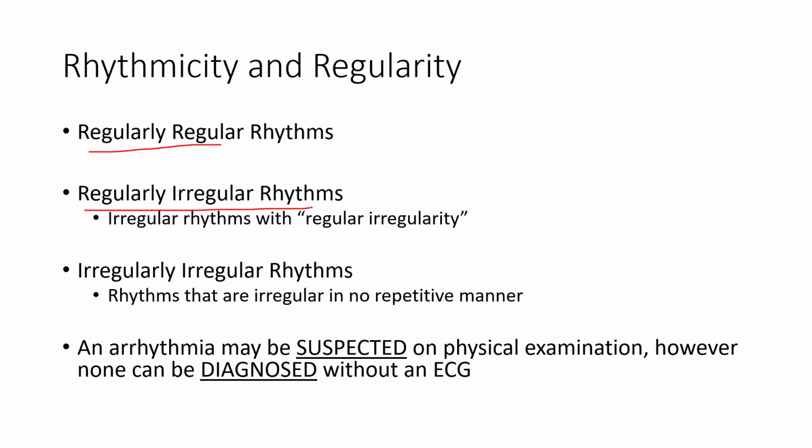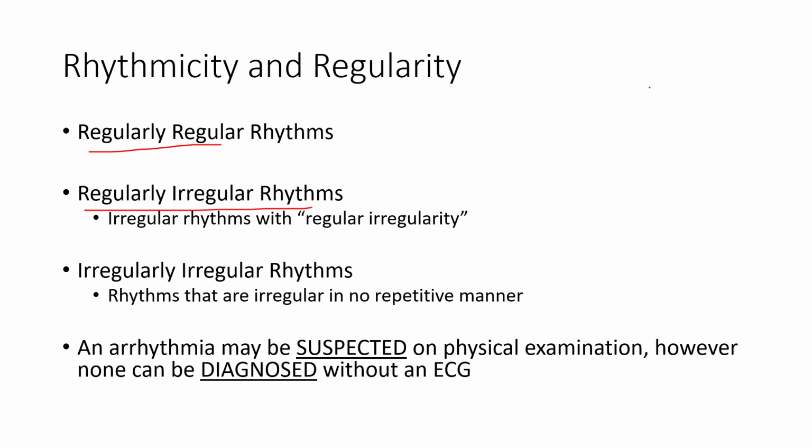And then we've got regularly irregular rhythms, where there's an irregularity, but it's happening in a consistent or regular fashion. So there's a prolonged pause, but it happens consistently every three beats. And then the irregular rhythm would be all over the place.